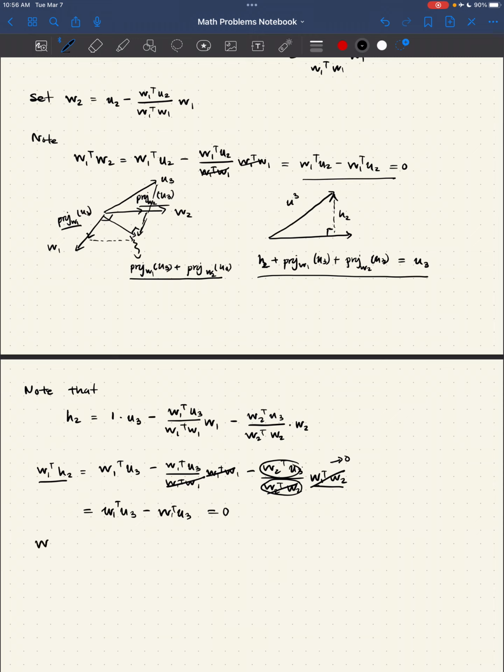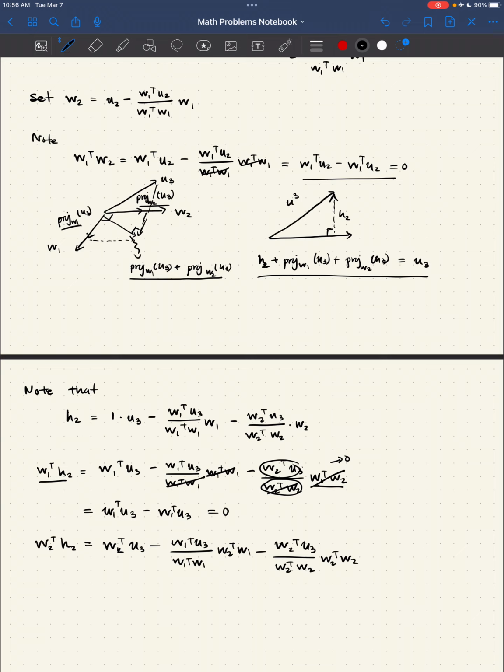Now to check that W2 is also orthogonal to H2, we have to verify that this product results in 0. To do that, we have W2 transpose U3 minus (W1 transpose U3 over W1 transpose W1) W2 transpose W1 minus (W2 transpose U3 over W2 transpose W2) W2 transpose W2.